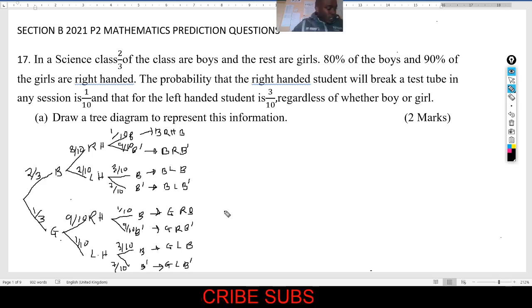Then the next question is that, using the tree diagram, you find the probability that a student chosen at random from the class is left-handed. So the student who is left-handed is either a boy and left-handed or a girl and left-handed.